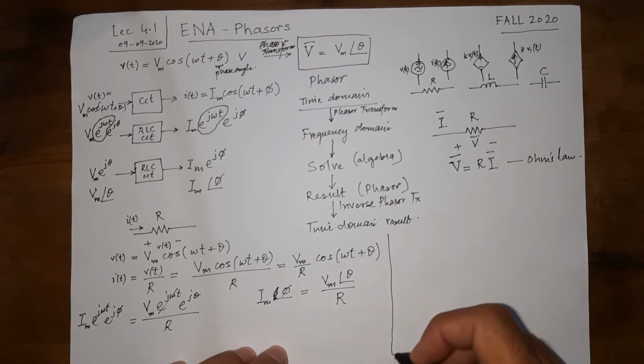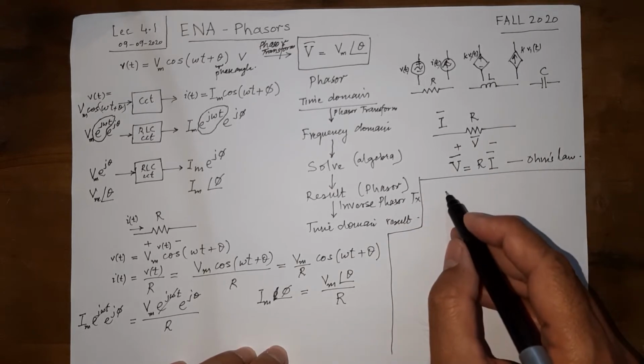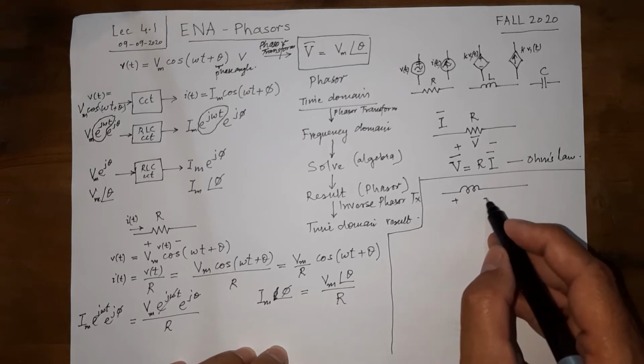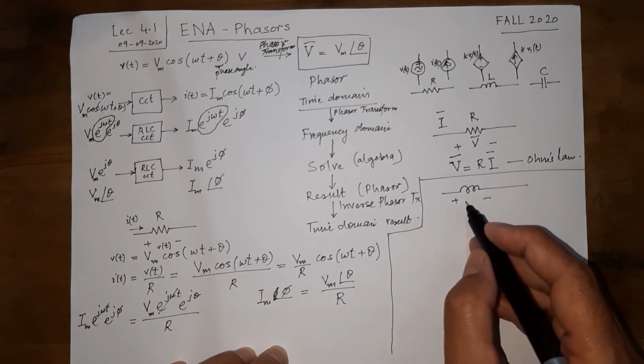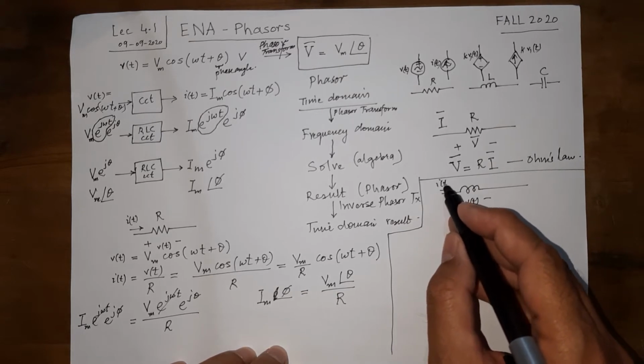Right. What about the case of an inductor? Suppose instead of a resistor, we now have an inductor L with a voltage v(t) across it and a current i(t) through it.